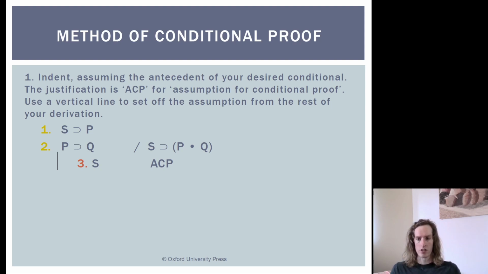Because our conclusion is a conditional, we're just looking at the relationship between S and P and Q. If there were an S, and we're not given an S, but if there were an S, would it be true that P and Q? So when we start our conditional proof on line 3, we're going to indent like this to show that we're doing a subproof here.